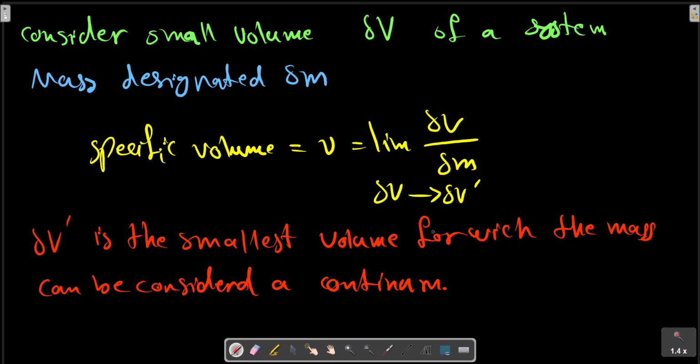This is tentatively indicated in this picture.